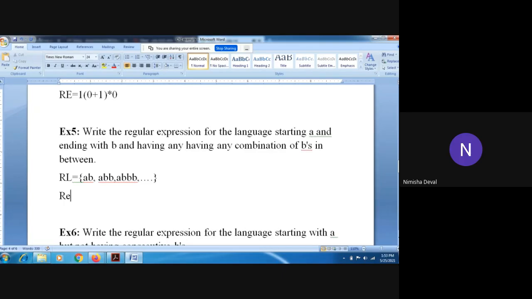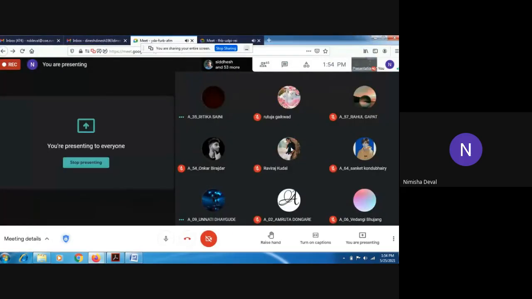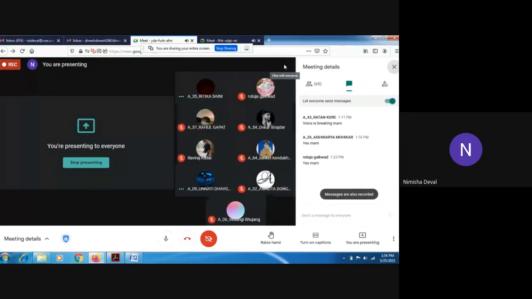So can you write its regular expression? You can mention in the chat box, or you can tell me orally over here. Yes, Akshada, you have written it correct.